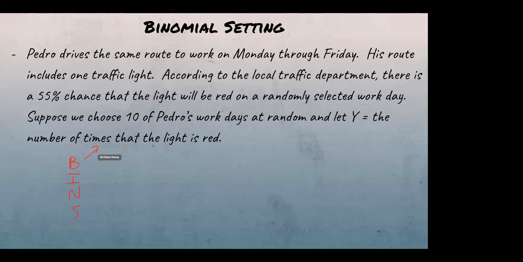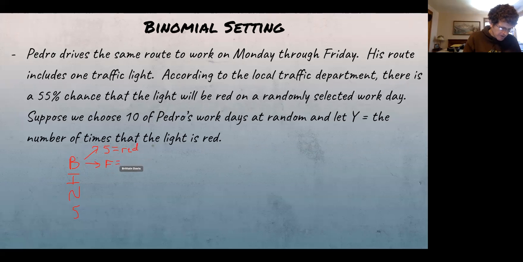Red light. Yeah, and keep in mind, this is where success and failure are all relative to our problem. Now, we would probably consider it a failure if we ran into a red light, but it's a success in our particular problem. All right, is it independent?